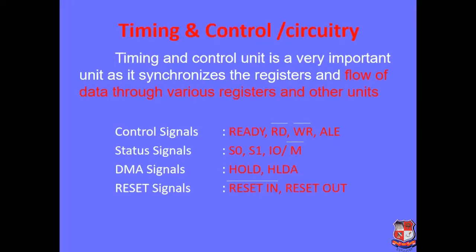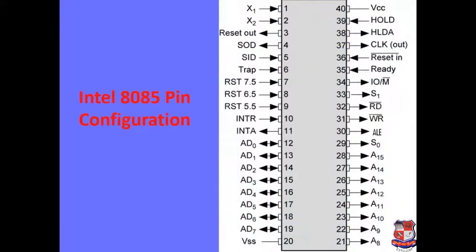The timing and control unit is a very important unit as it synchronizes registers and flow of data through various registers and other units. It contains control signals: ready, read bar, write bar, and ALE. Status signals are S0, S1, IO/M bar. The direct memory access signals HOLD, HLDA, and reset signals RESET IN and RESET OUT.